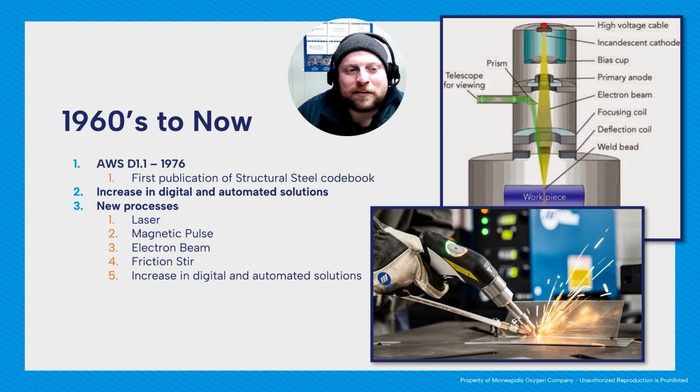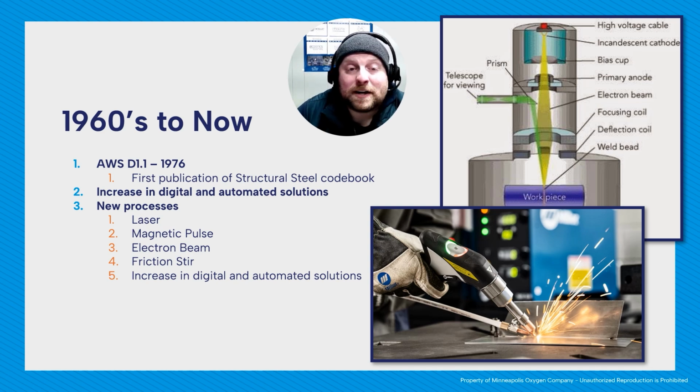So the latest one came out in 2020, I believe, so there should be another one coming out pretty darn soon. If you know anybody who's a CWI or certified welding inspector, this is one of the very primary documents they'll be using for their work.